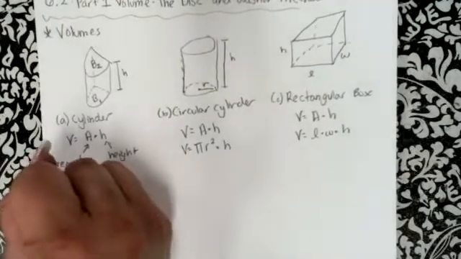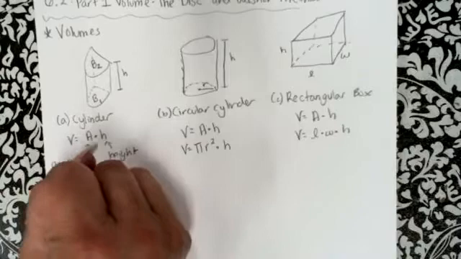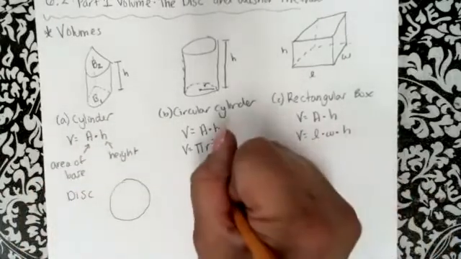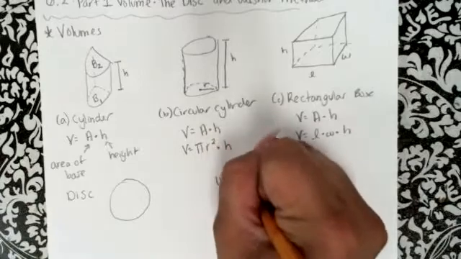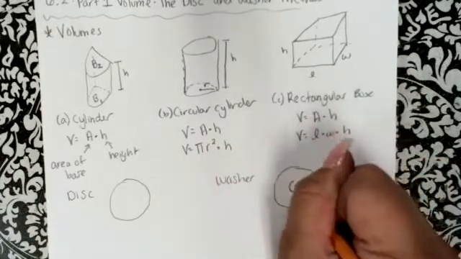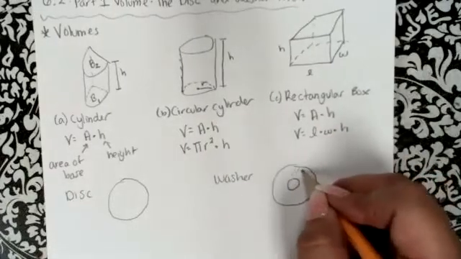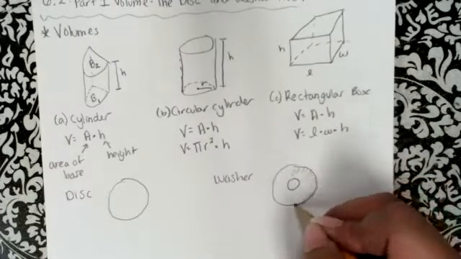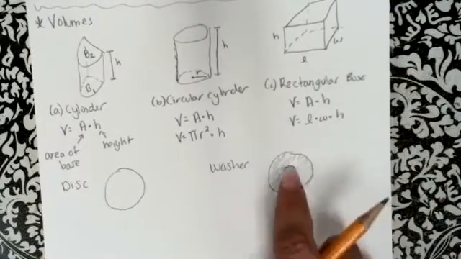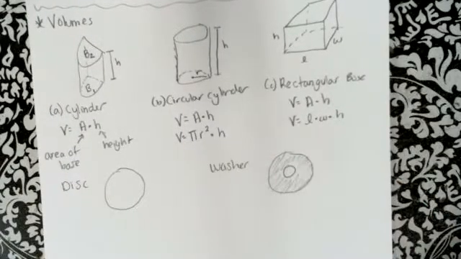A disc is going to be a solid. A washer is like with a hole in the middle. So you want this region right here. Almost like a donut or a washer.